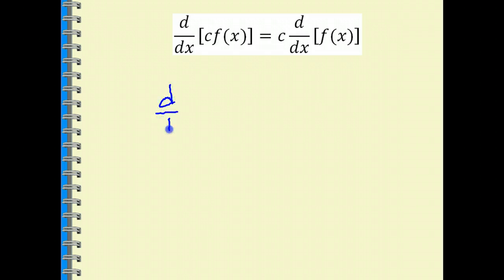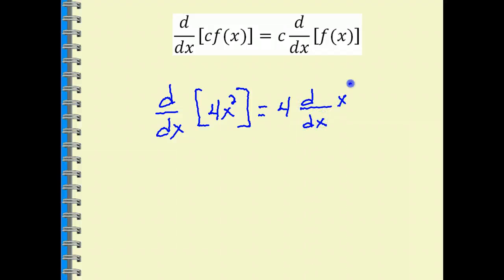The derivative with respect to x of the function, let's say 4x squared, is the same thing as 4 times the derivative of x squared with respect to x. And we just learned with our power rule that this is just going to be 4 times 2 times x to the first power, and we don't have to write the exponent because x to the first can just be left as x. So this simplifies to 8x. So the derivative of 4x squared is simply 8x.